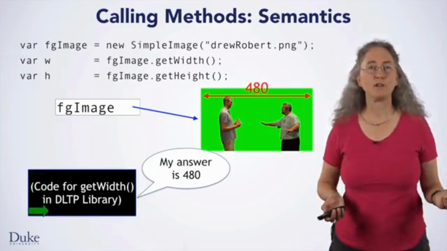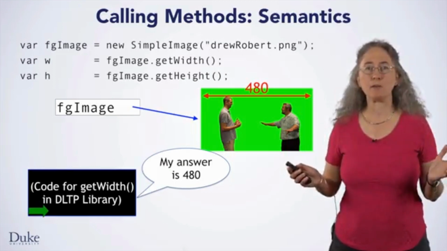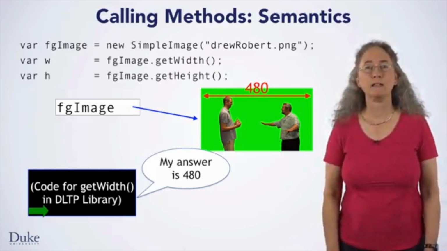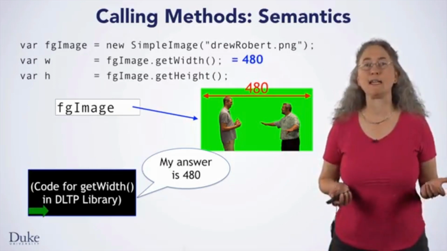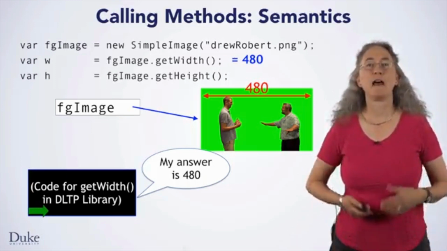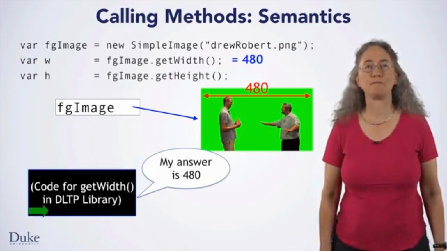That code would figure out what the width of FGImage is, that it's 480 pixels, and decide that 480 is its answer. Since this method's answer is 480, the call FGImage.getWidth evaluates to 480. Another way to think of that is that it's like a mathematical operation with the result 480.